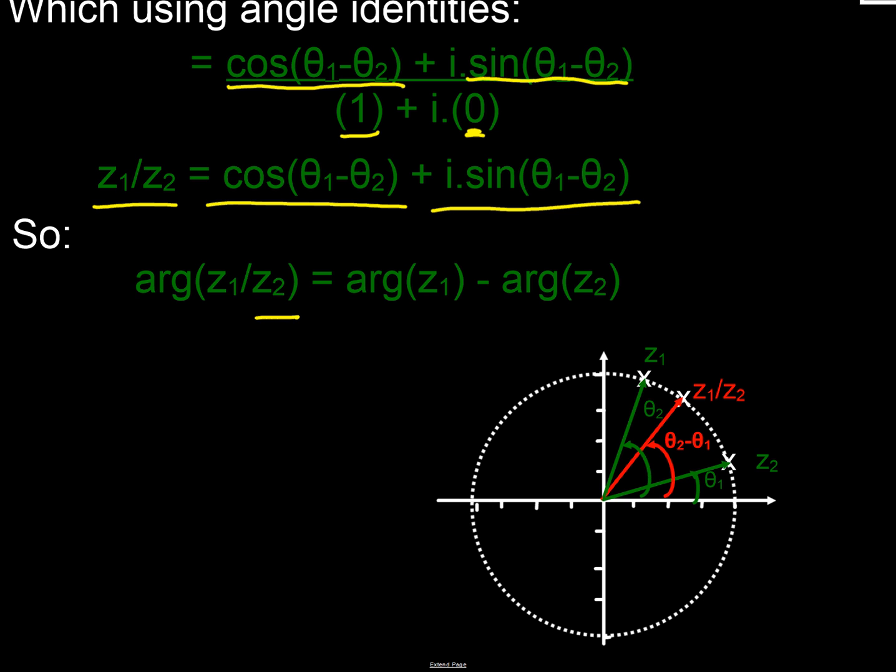Well, the argument of Z1 divided by Z2 is the argument of Z1, the angle of Z1, subtract the argument of Z2. So if we start off at Z1 and we divide by this smaller angle here, Z2, in effect we're just going to move our point down round because we've taken off theta 2. That gives us our quotient. So there we are.